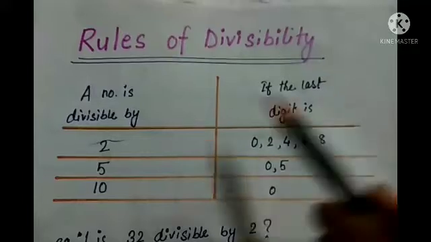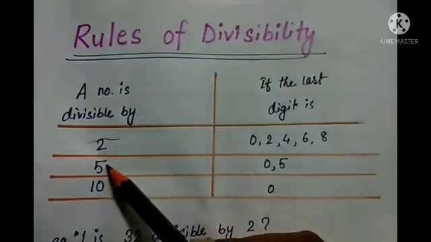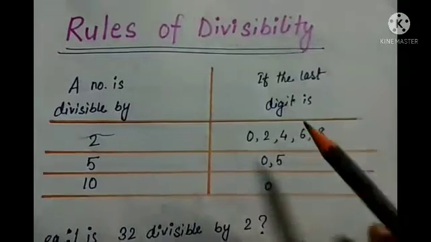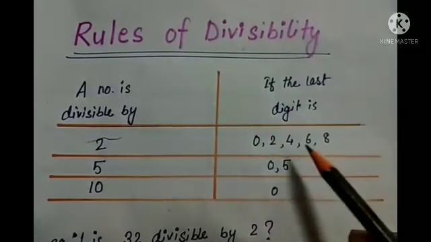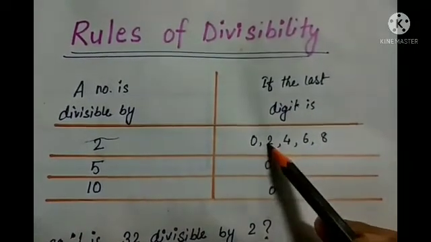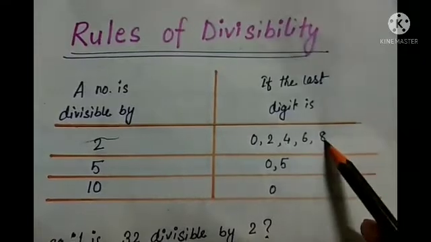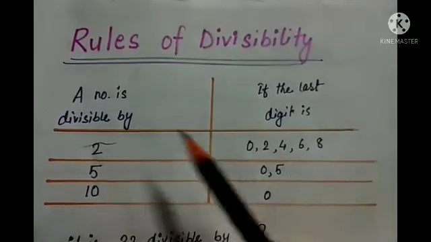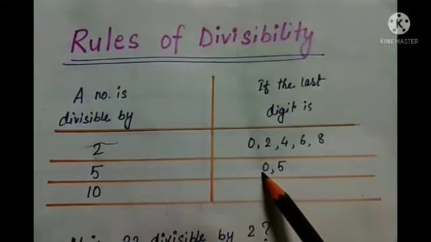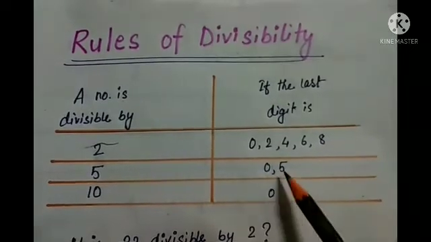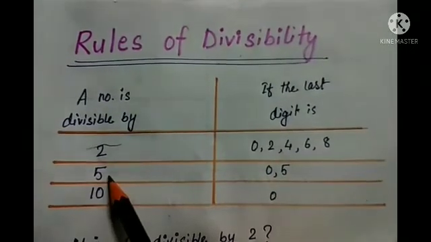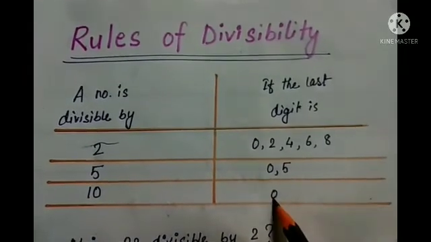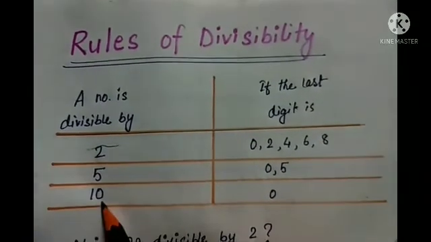These numbers will be divisible if the last digit of the number is 0, 2, 4, 6 and 8. So these are the cases for 2. If the last digit of the number is 0 or 5, then that number will be divisible by 5. And if the last digit of a number is 0, then that one will be definitely divisible by 10.